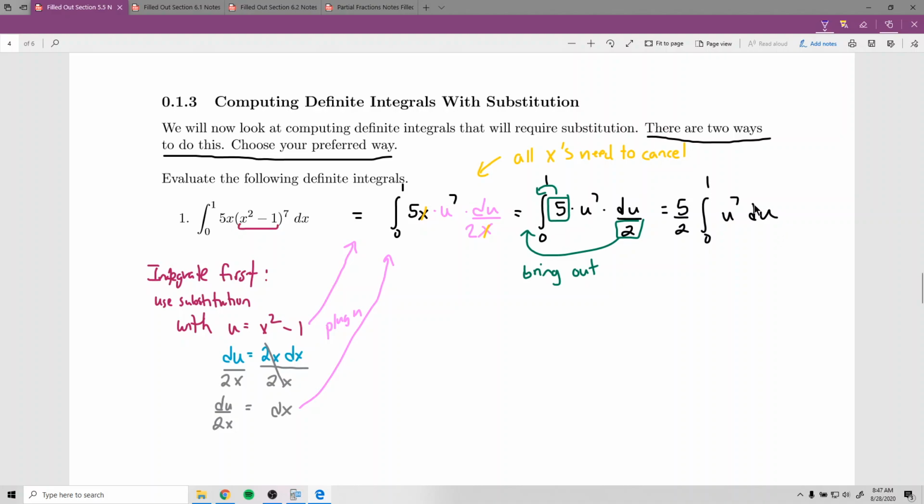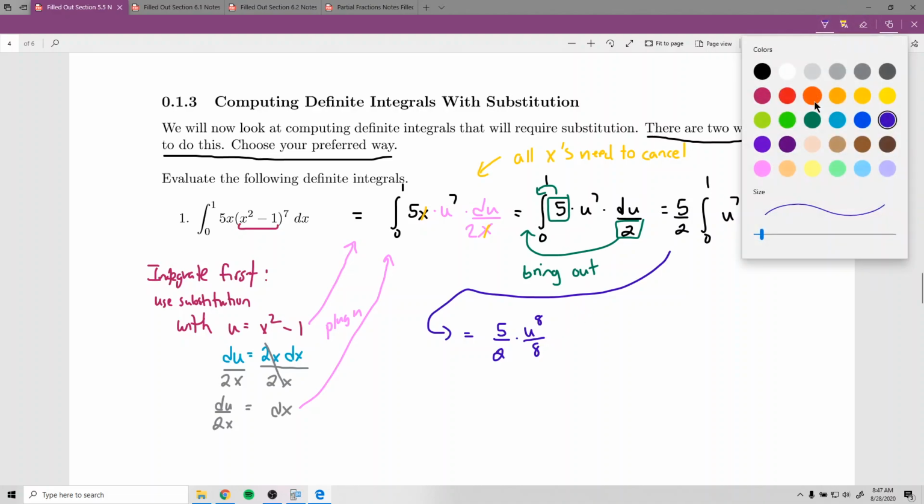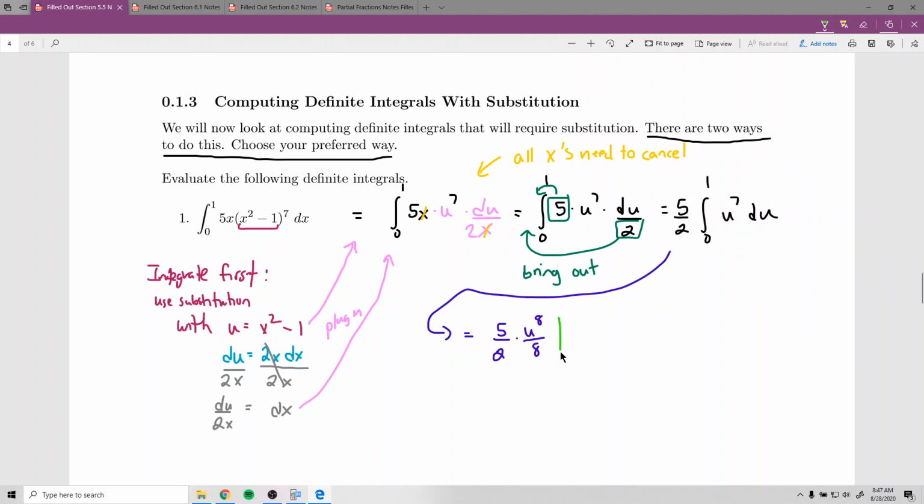Now we can integrate this. We have u with just the power and du. So we have 5 over 2. When we integrate u to the 7th, we add 1 to the power, over 8, and then we divide by the new power, 8. So this is the one thing that you have to be careful on.